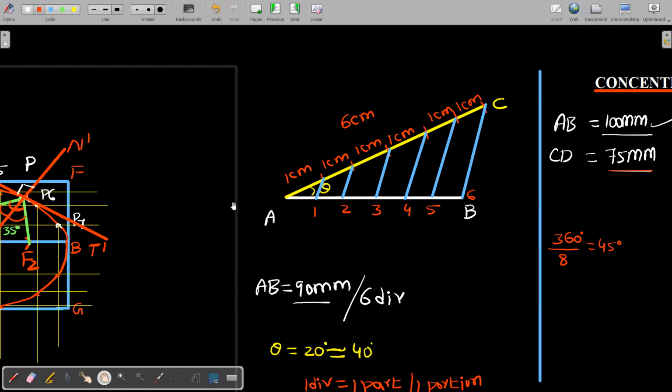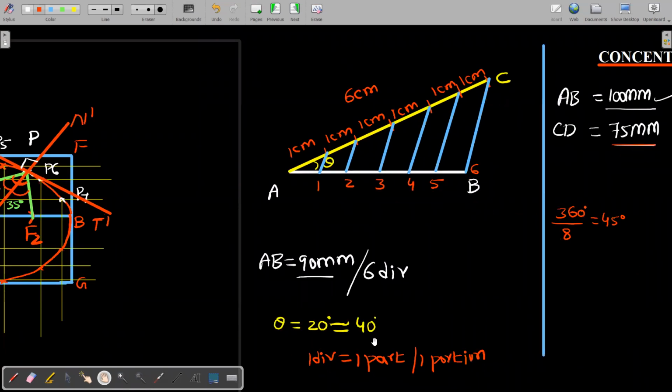I want to divide this AB line into 6 divisions. You draw a line AC which is equal to 6 centimeters at an angle theta. Theta can be any angle between 20 and 40.